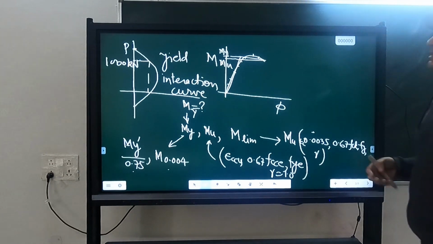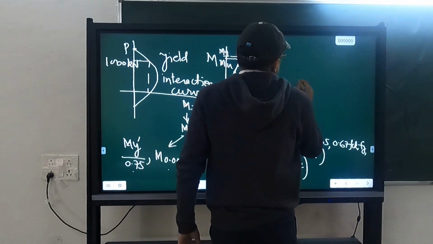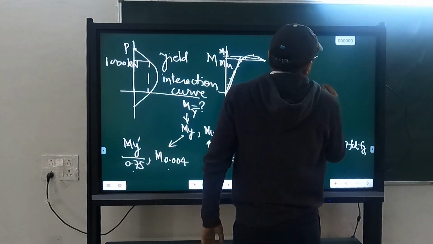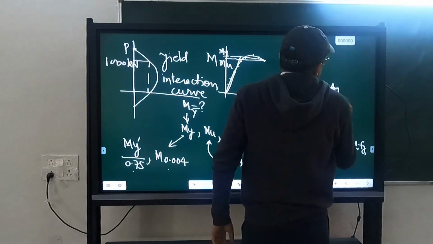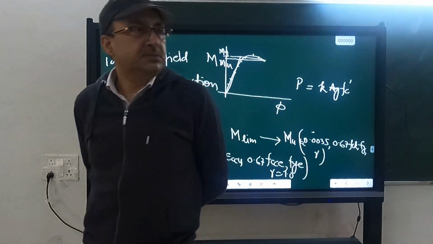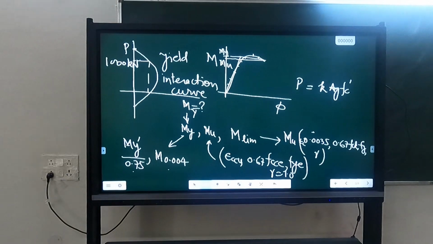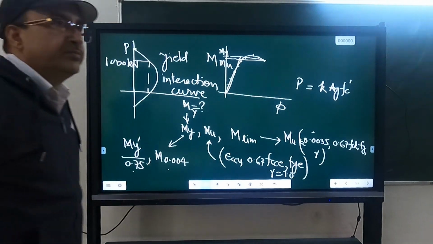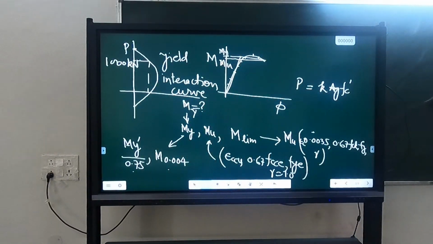There is a tradition that P is represented as a factor times AG FC dash. This is common to do, because AG FC dash gives the axial force which can be resisted by concrete alone. Naturally, the axial force which the section can resist, including concrete and steel, will be more than this.